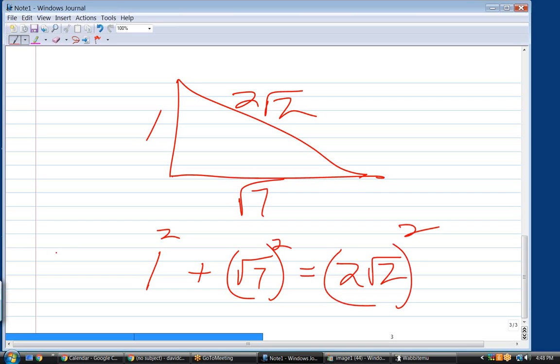And if that is true, then this is a right angle. Well, what is this? 1 plus 7 equals 4 times 2, 8. So by virtue of the fact that this side squared plus this side squared equals this side squared makes that a right angle.